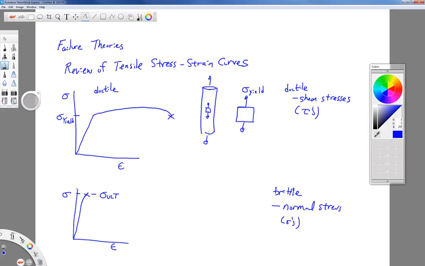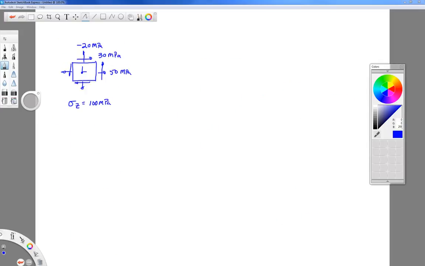All right, so let's talk about the first failure criterion for ductile materials, called the maximum shear stress theory of failure, or what's also known as the Tresca criterion. And now what we're trying to do with yield criteria is to take a complicated stress state, like the one that I have pictured here, and determine whether or not that causes yielding in the material.